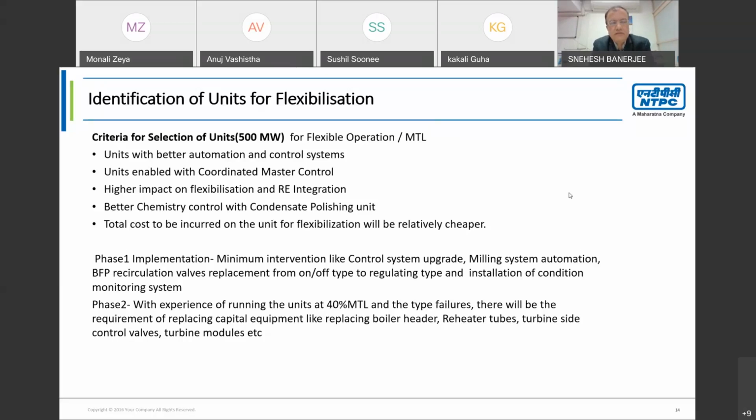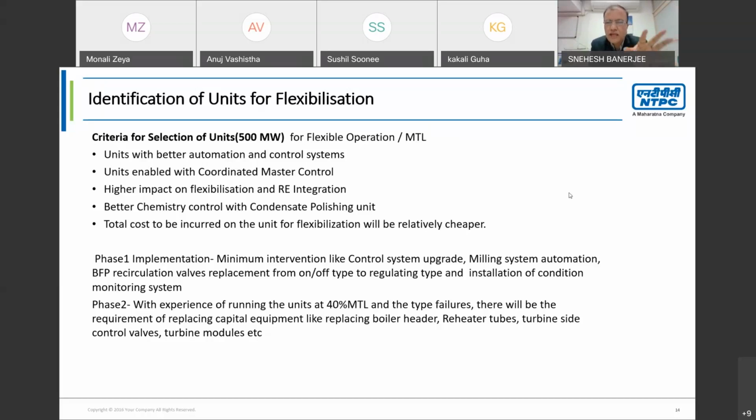And during the process of flexibilization, the implementation is to be in two phases. In the first phase, we have to introduce the low-hanging fruits like control systems upgrade, some milling system automations, the BFP recirculation valves replacement.